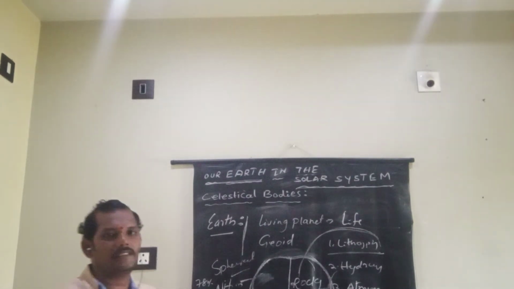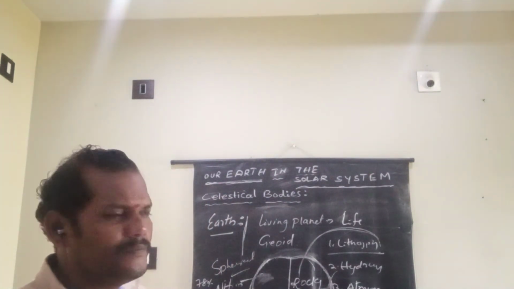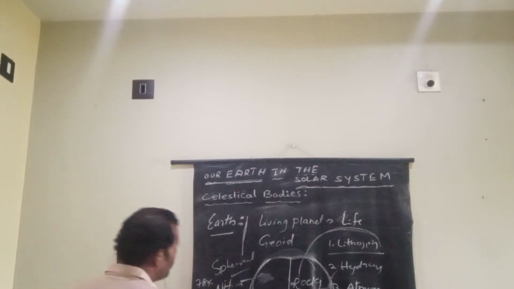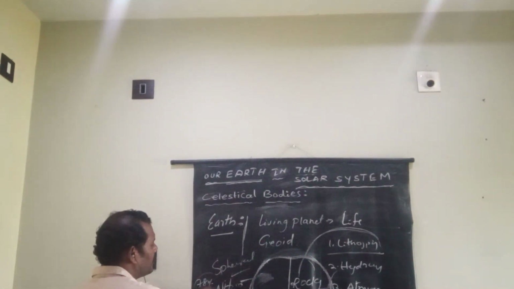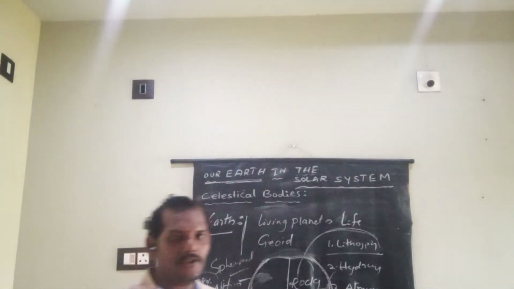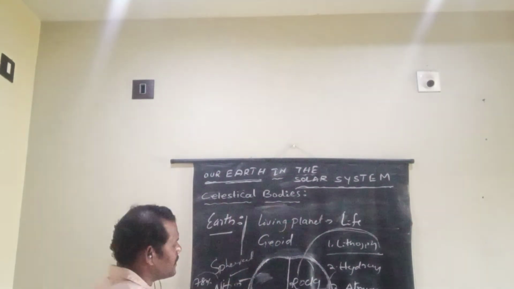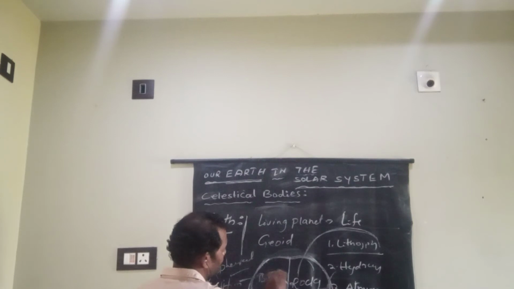The remaining percentage is different types of gases: argon, neon, krypton, helium. But the important gases are nitrogen 78%, oxygen 21%, and carbon dioxide 0.03%.